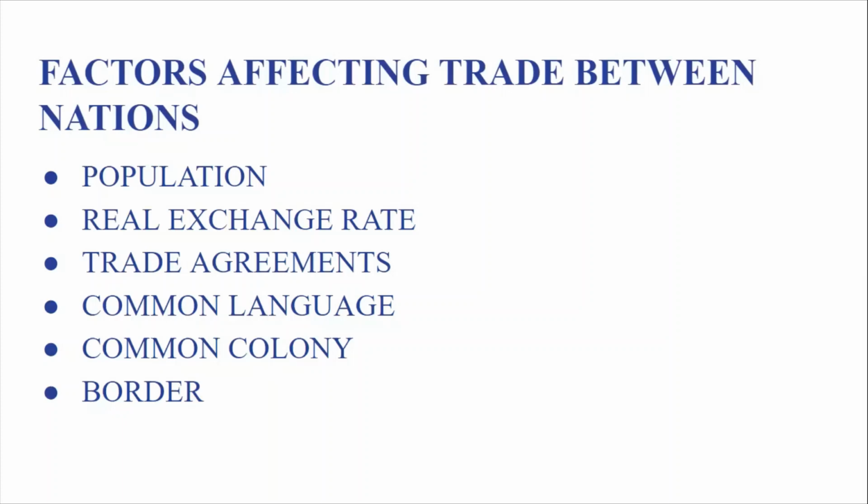And similarly, if both the trading countries are sharing a common border, a dummy value of 1 is assigned, otherwise 0. Right? So while predicting the nature of international trade and to study the nature of international trade between countries using the gravity model, apart from the GDP of both the countries and the distance, which is the basic gravity model, you can also incorporate these factors based upon the literature.